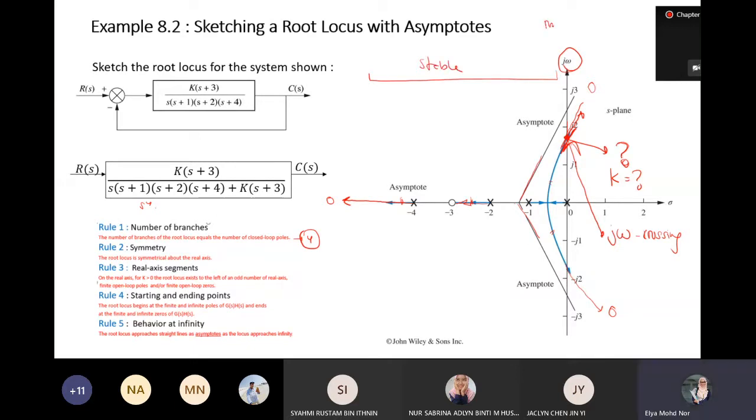This part is marginally stable, and this area means that the system is unstable. So our task is to make sure that as we increase k, it stays in the stable region.